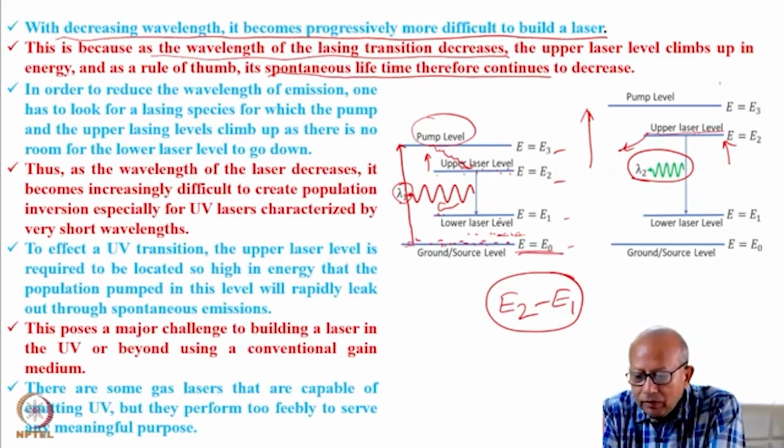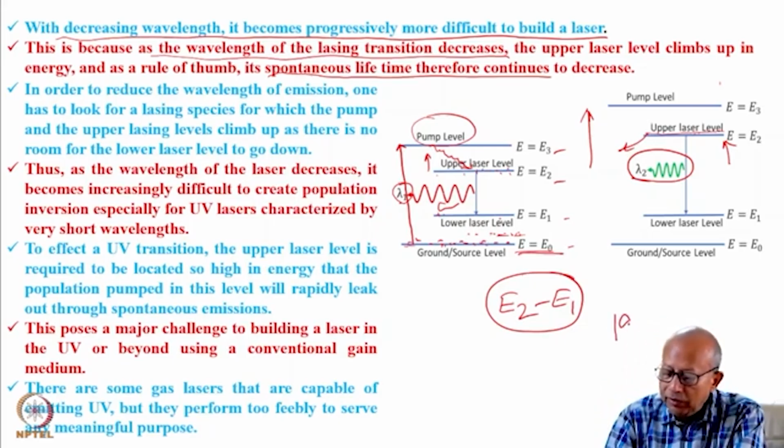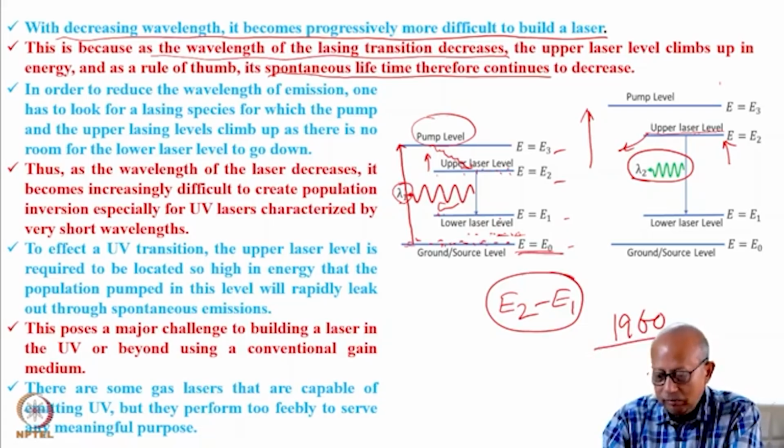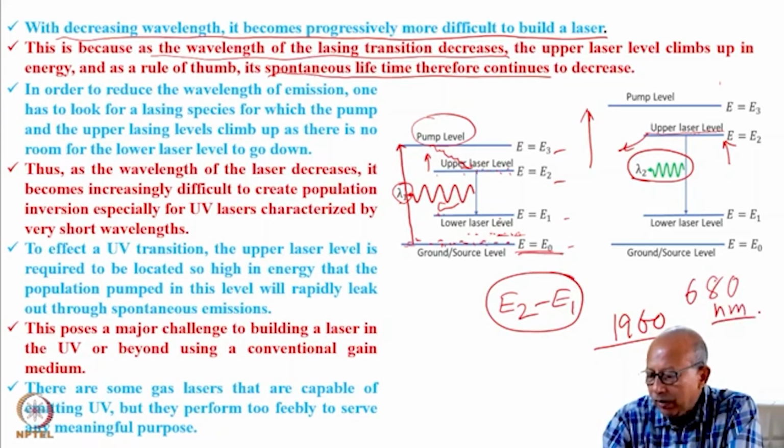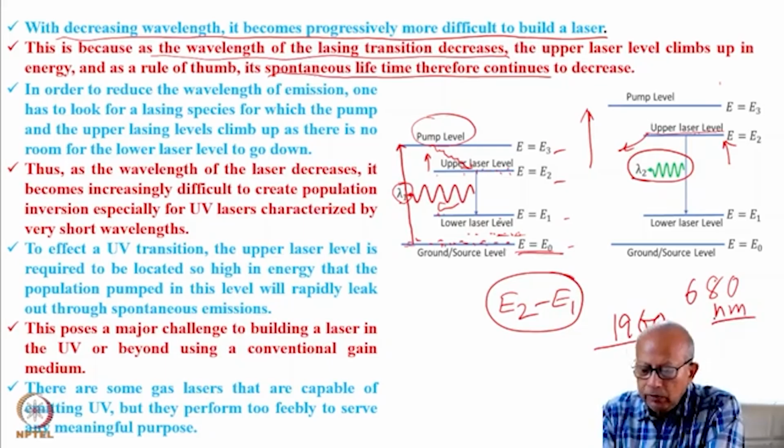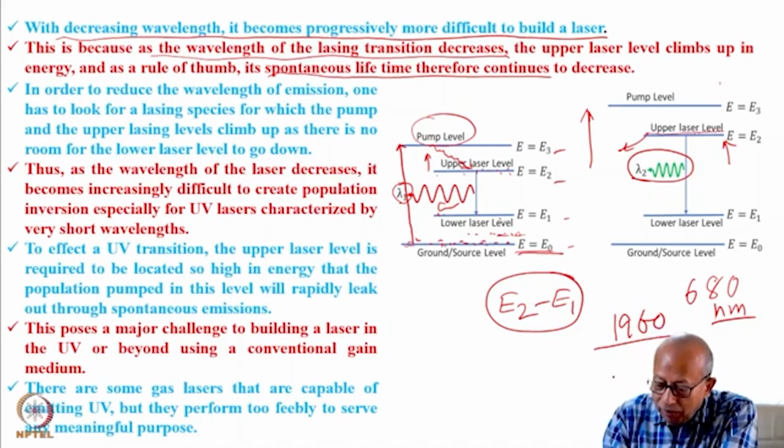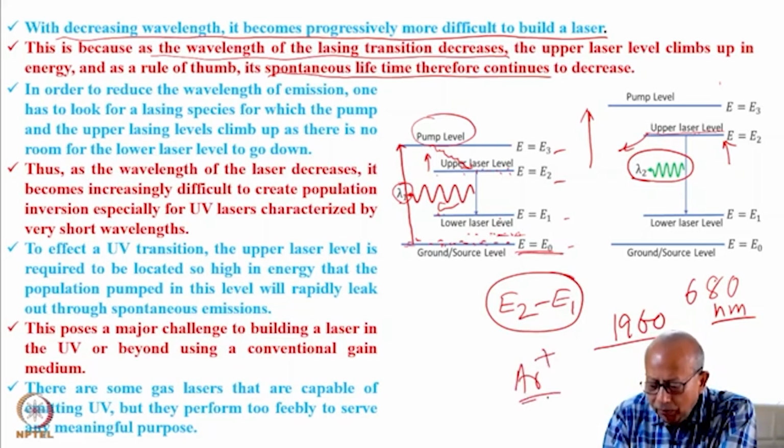In fact, the laser, as you know, was invented in 1960, and that operating wavelength, the ruby laser, was I think 680 or so nanometer, visible, the red end of it. And the first UV laser, that is the argon ion laser, operated I think in 1965, after 5 years.